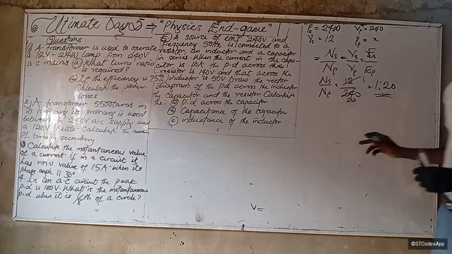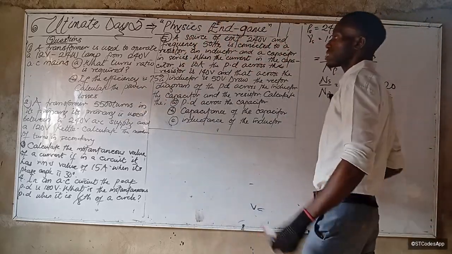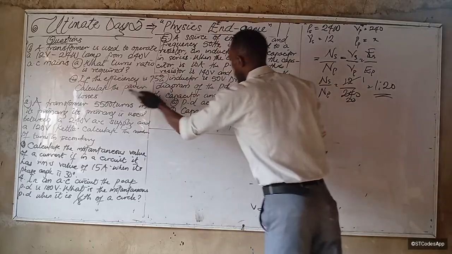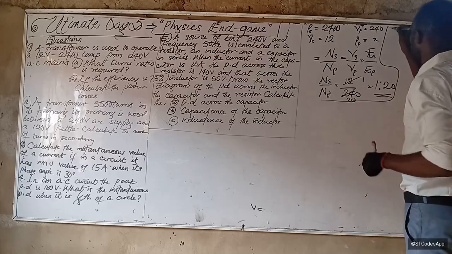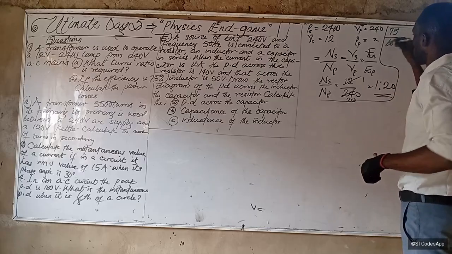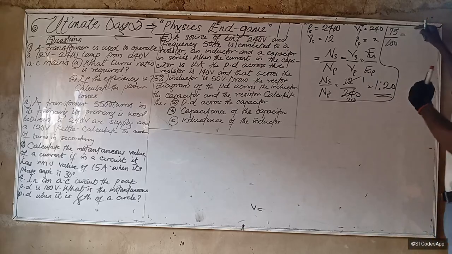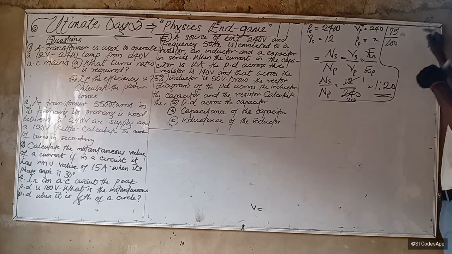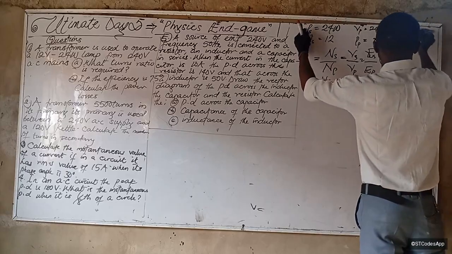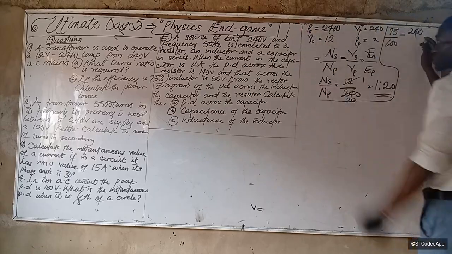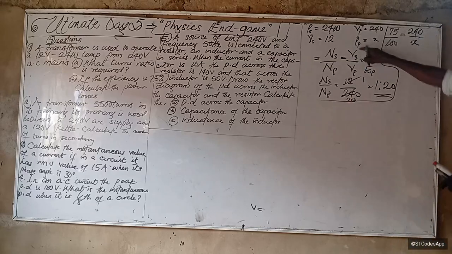That's the answer. Now, if the efficiency is 75%, calculate the power losses. So 75 over 100 is equal to power output over power input, right? The power output is 24. Over the power input, x.